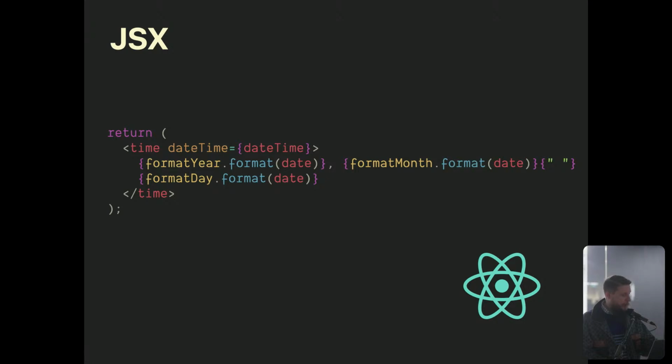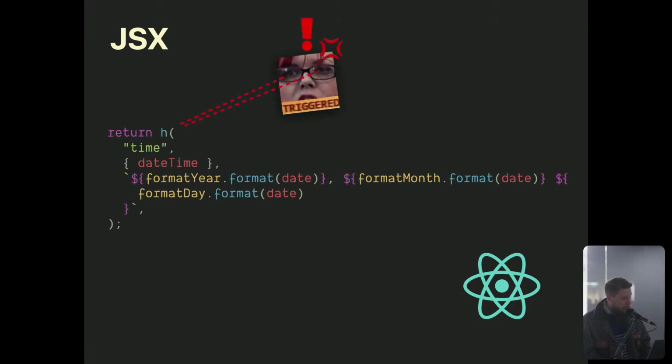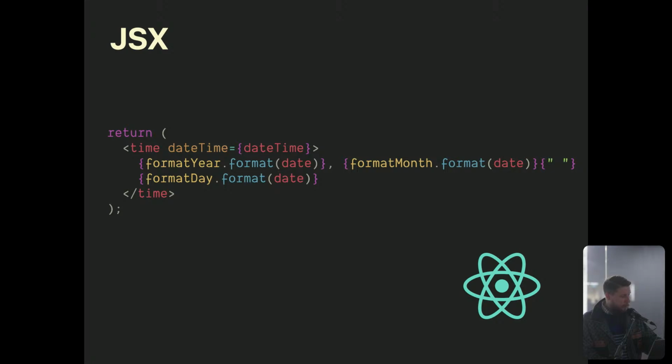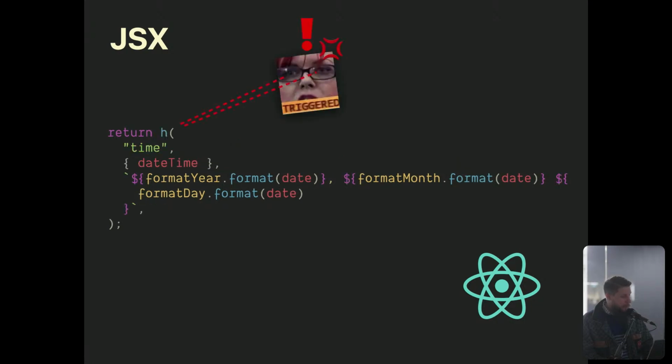ESLint and stuff crashes unless you configure JSX properly, and we take for granted the massive amount of complexity that's either done for us or we manually do just to get this damn syntax to work. And there are so many little nice things. So the props there, where datetime is going in, if you were to do it with regular JSX, you'd actually have to duplicate the word datetime, just the way it is. But when you're writing vanilla JavaScript, it's more succinct.